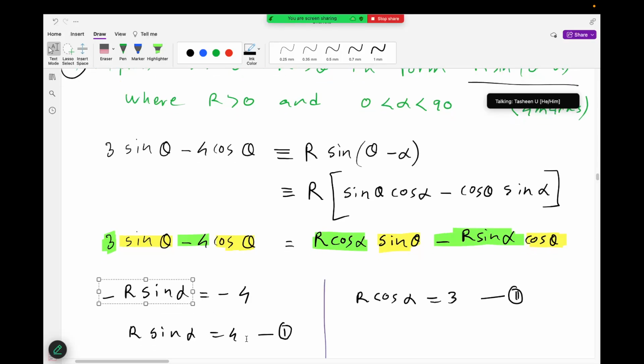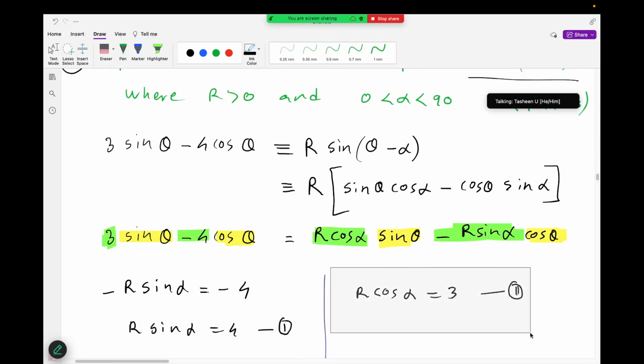Then you have two equations; solve them simultaneously to get the two unknowns, r and alpha.